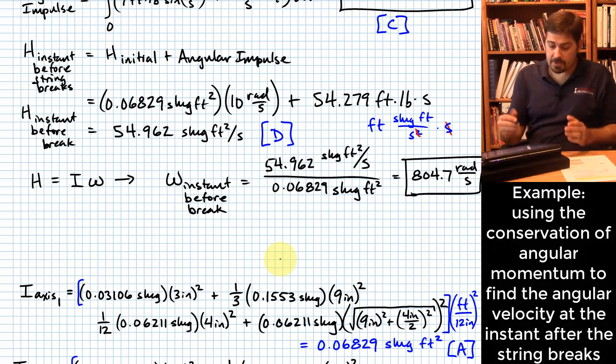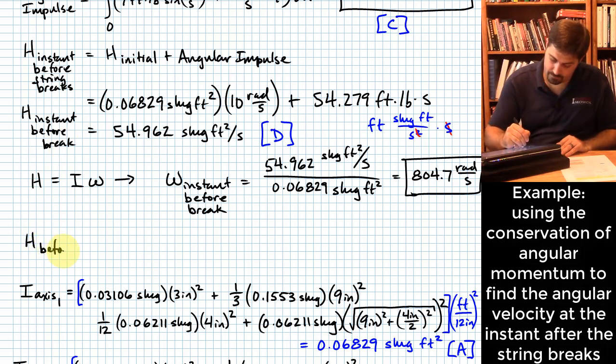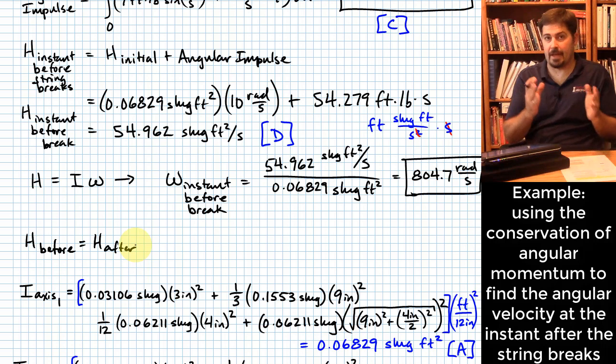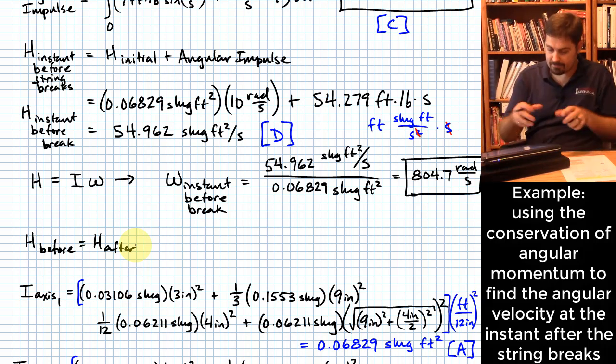Okay, so this h at the instant before the break is actually equal to h at the instant after the break. Okay, energy is not conserved in that process because of the collision that happens when the rods bang outward, but in this case our angular momentum is conserved because there's been no time for there to be any impulse applied.